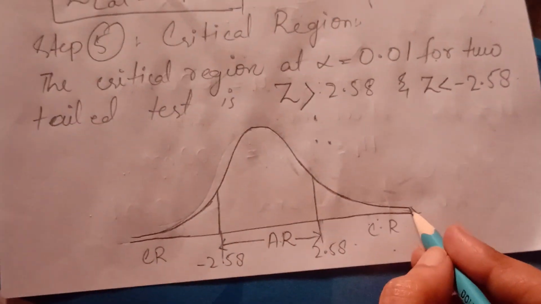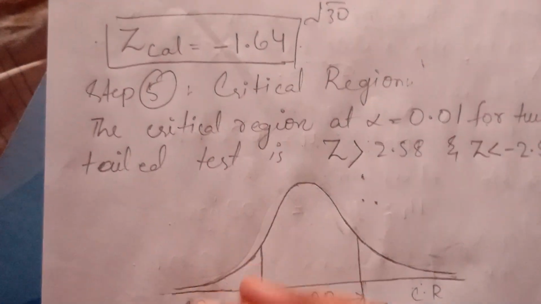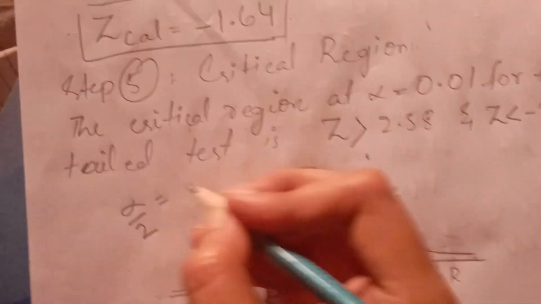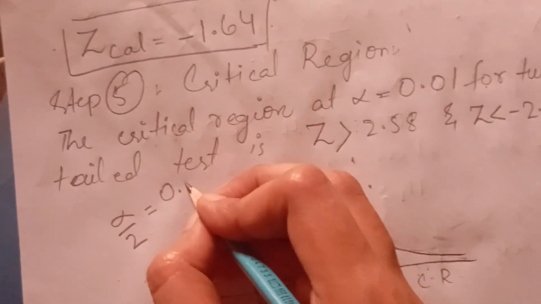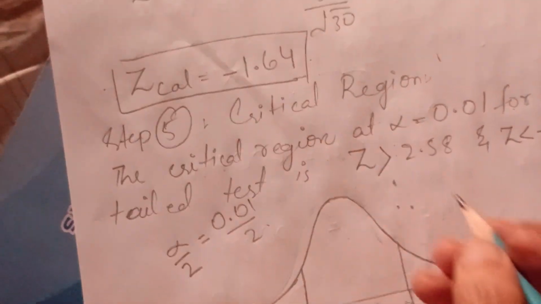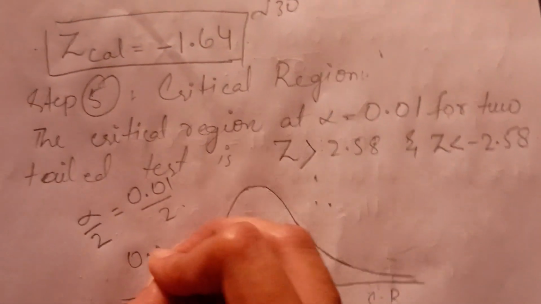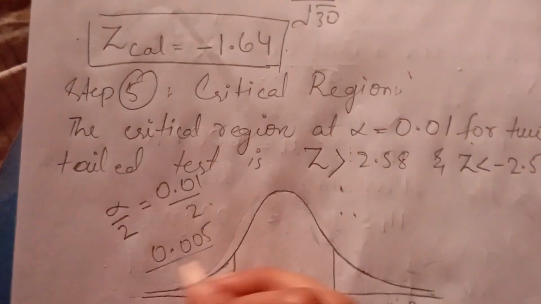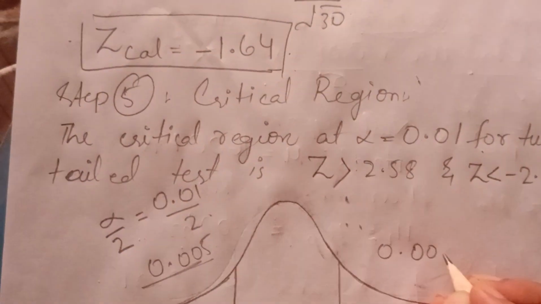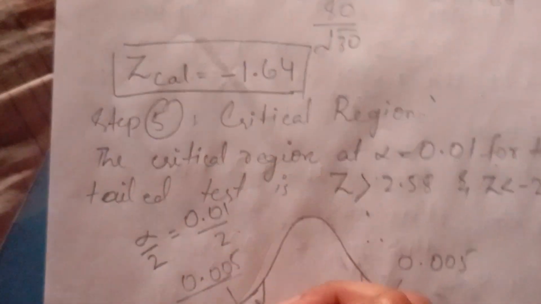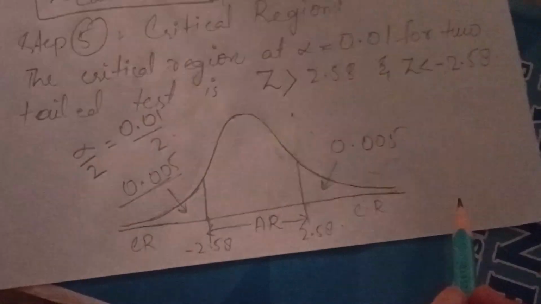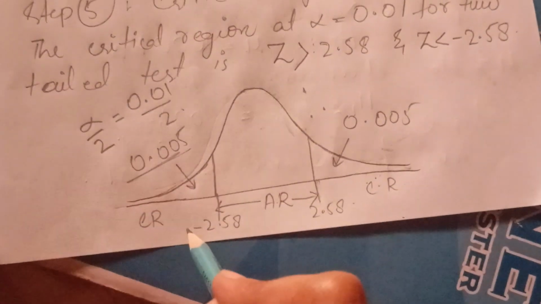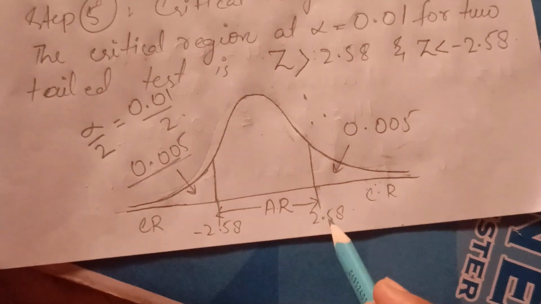So when we have a two-tail test, we have to divide alpha by 2. So what is alpha? 0.01 divided by 2, we get the answer 0.005 on each side. So now this is the border, minus 2.58, and this is positive 2.58.